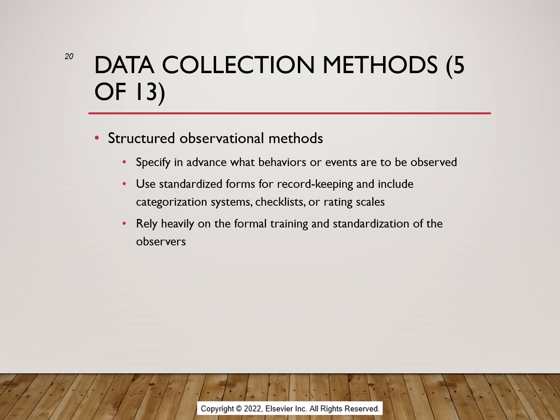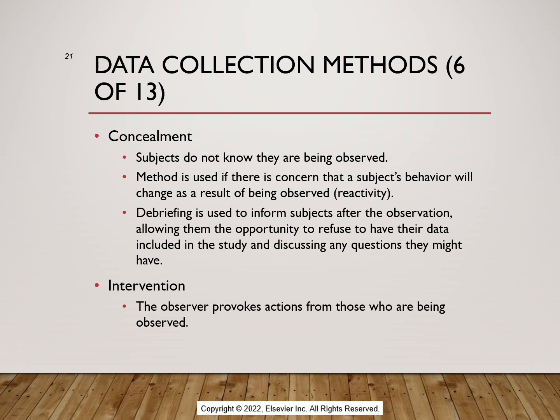So the researchers specify in advance what behaviors are to be observed, and they're standardized, like checklists or forms or something like that. And the observers need to be trained and validated on their training so that all of the observers are recording the observations in the same way.